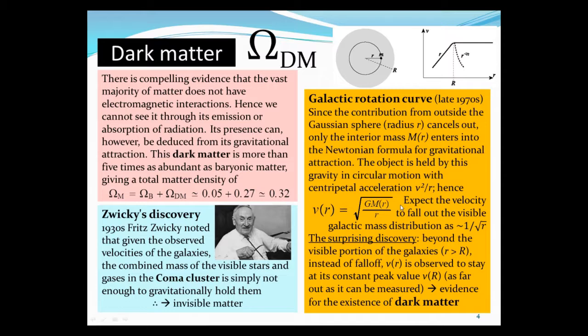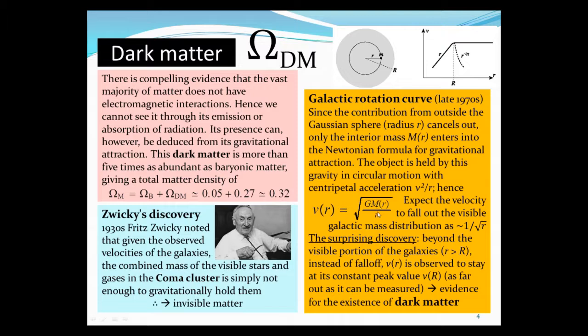Okay, so inside this gray area is the visible area, and outside is r greater than R. For r inside this visible distribution, the big M should be proportional to the cube of the small r.